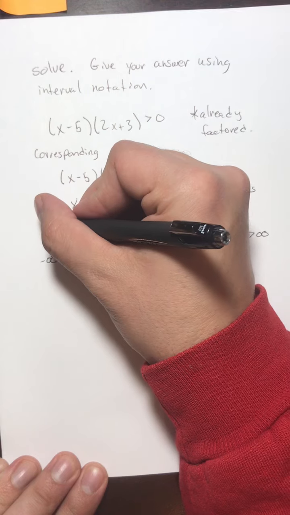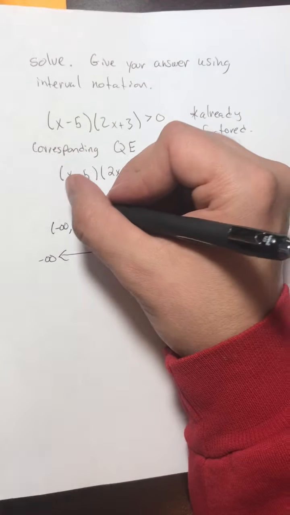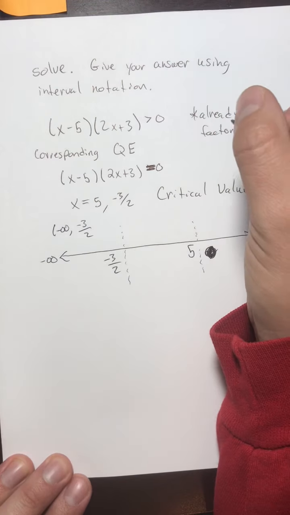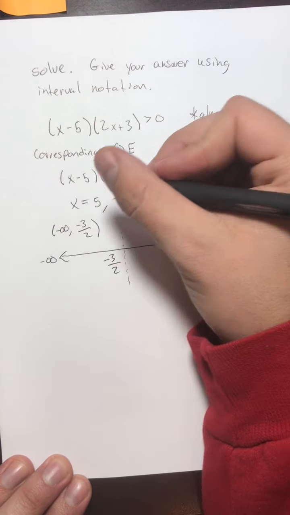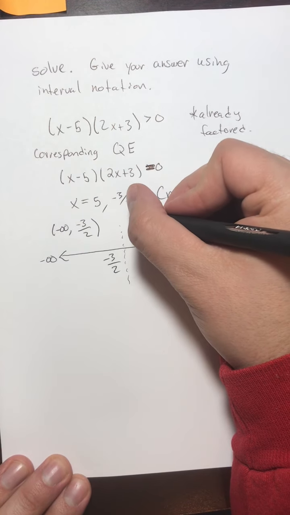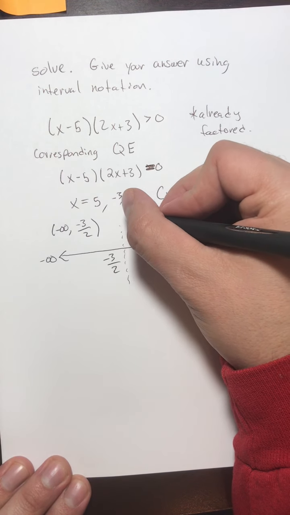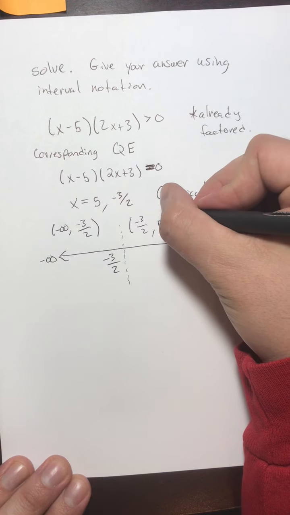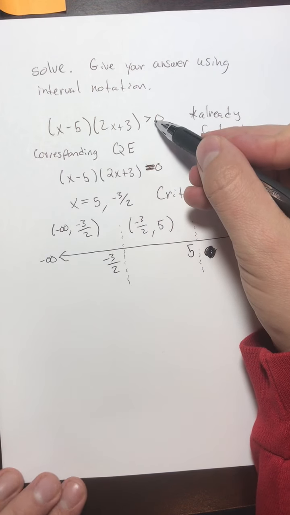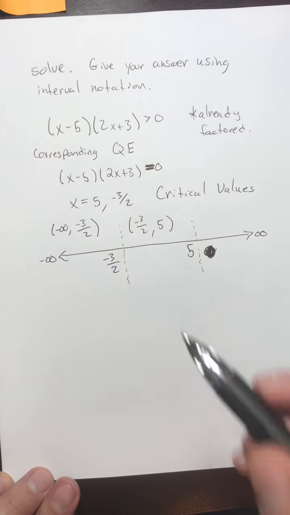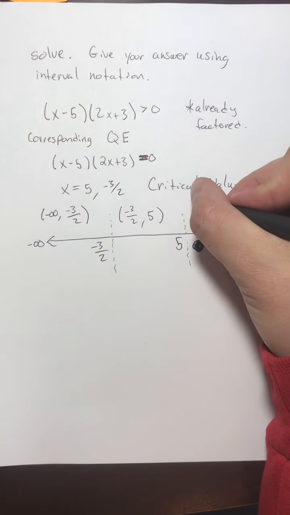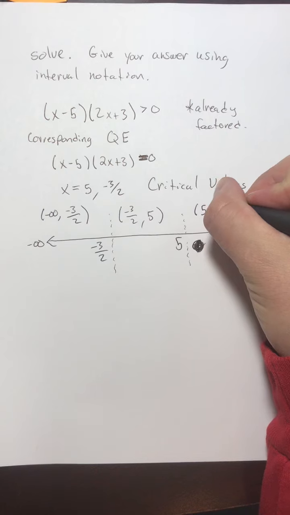And then I'm going to label the intervals. This interval over here is negative infinity to negative 3/2, and we are not going to include negative 3/2. The middle interval is negative 3/2 to 5, not inclusive because of the strictly greater than. And the interval over here is 5 to infinity.